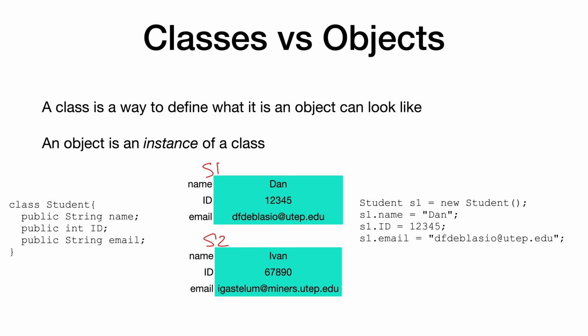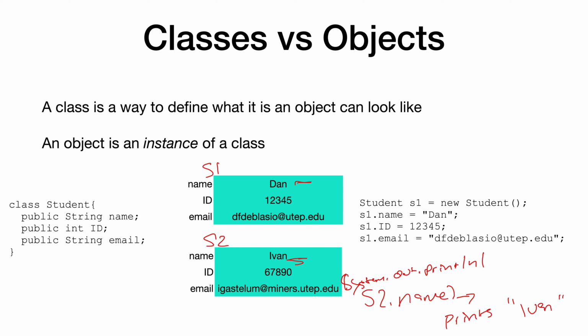So if I said something like s2.name, it's going to print the name of this instance. And if I update it, it's only going to update this name, not this one. So they're completely independent versions or instantiations of a student.